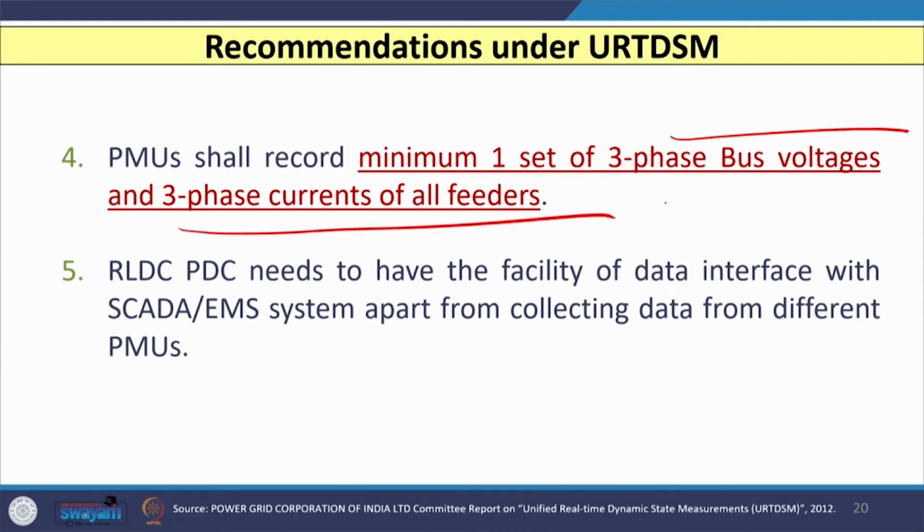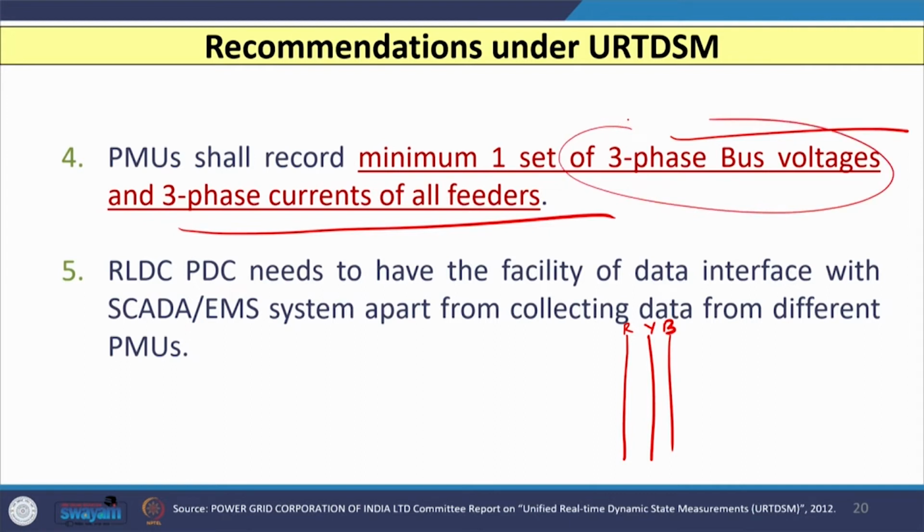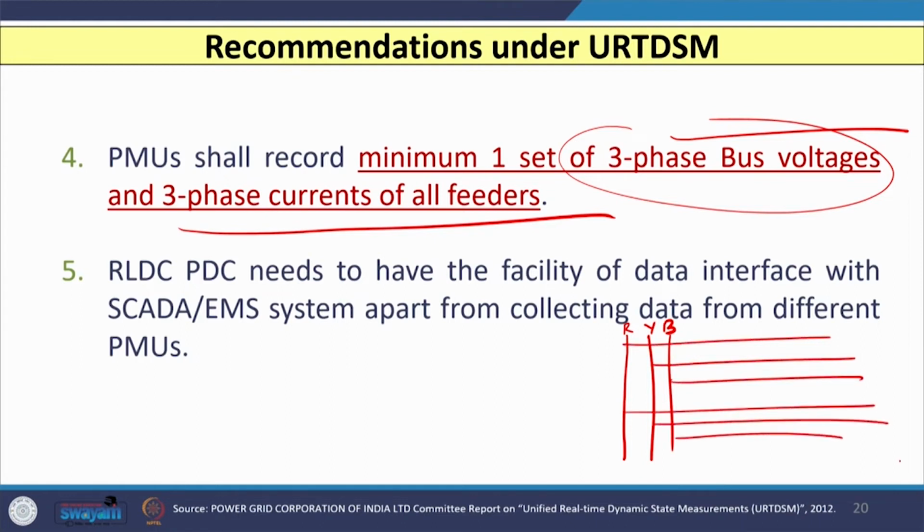So, for example, if in the substation we have 3 buses, let us say this is RYB, all the 3 voltages, that is one set of 3 phase bus voltages, have to be measured or recorded by the PMU. If a number of feeders are emanating from this, let us say 5 feeders are there, then the 3 phase currents of all the feeders should be recorded by the PMU.